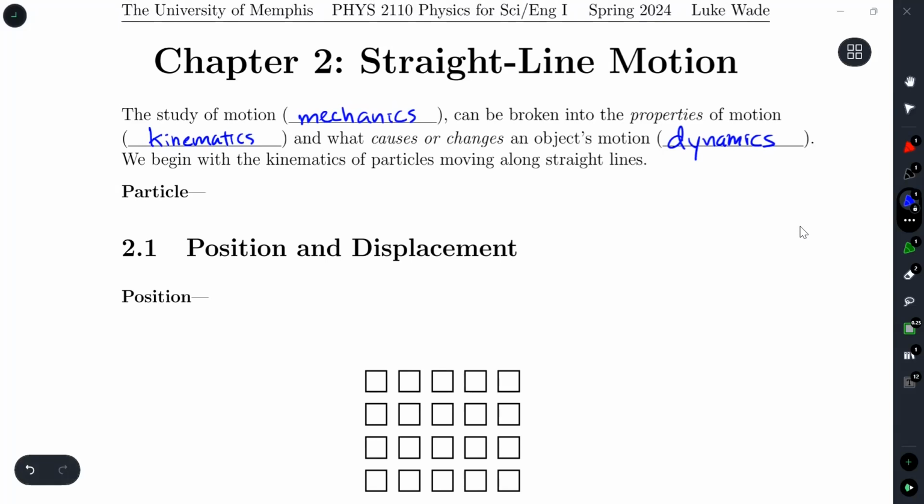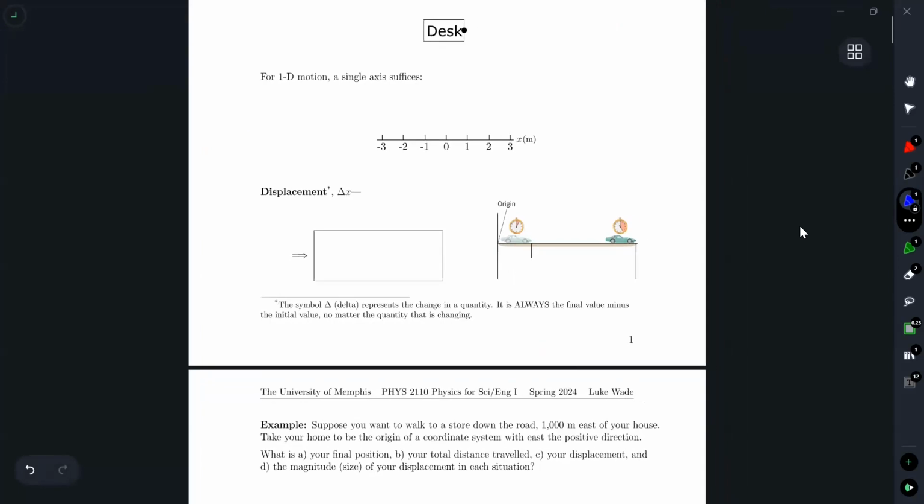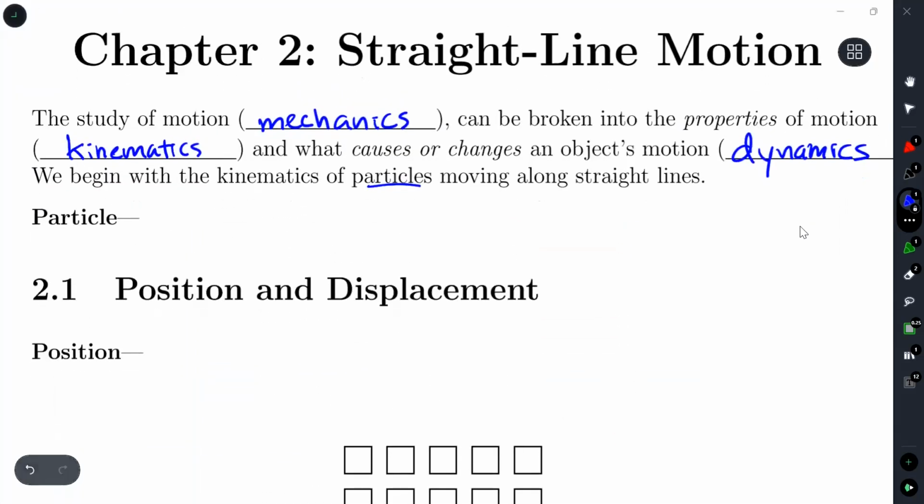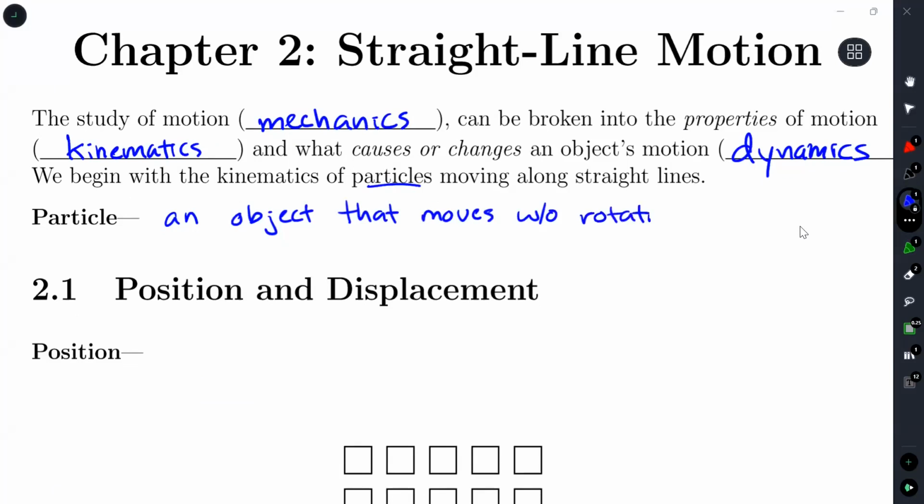Okay, so kinematics of particles moving along straight lines. So a particle, you might think of a little concentrated point, and that is what it is, but we can treat any object that moves without rotating or stretching as a particle.